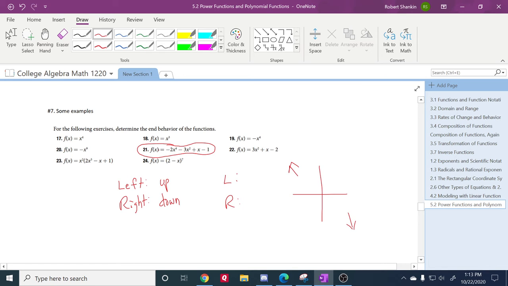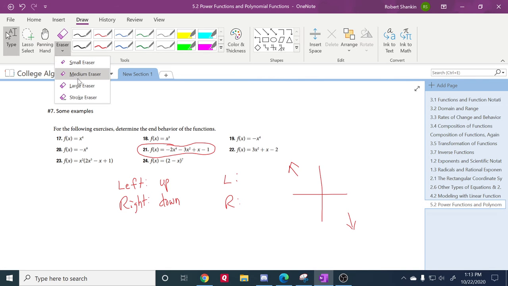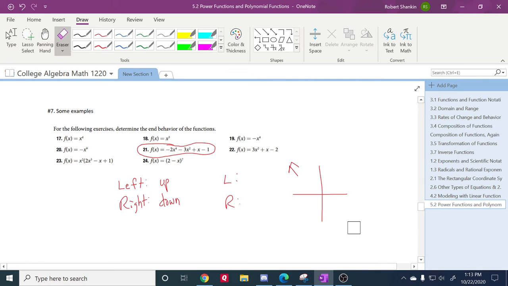For number 21, all right, does everybody agree with this, or is there anybody who disagrees? Oh, wait, we changed it. We say both are up. You're going to say both are up? Yeah. All right. Both are up is because the leading term is even.